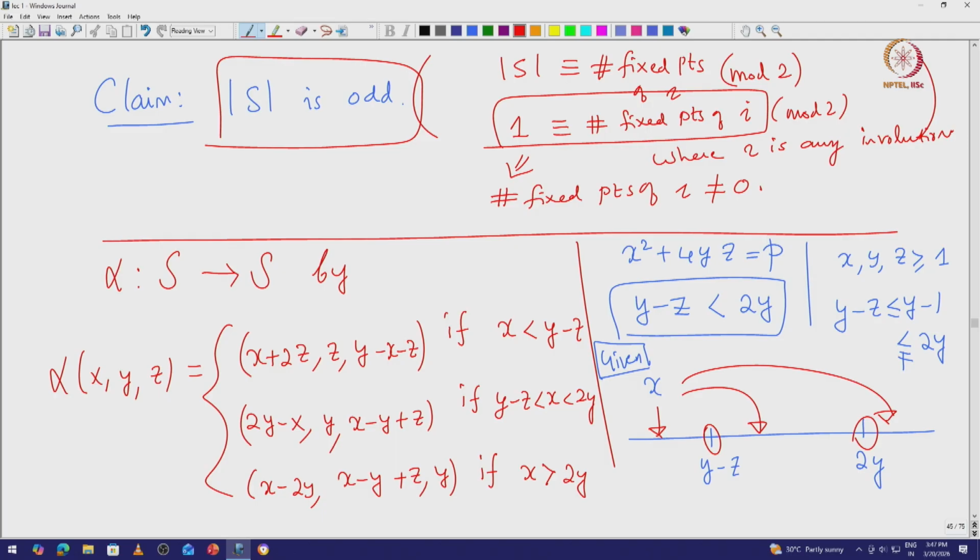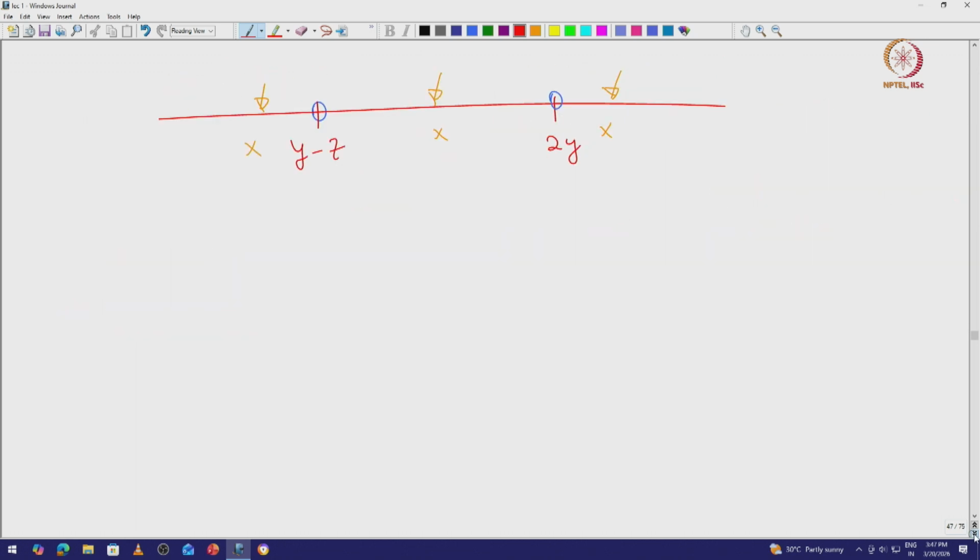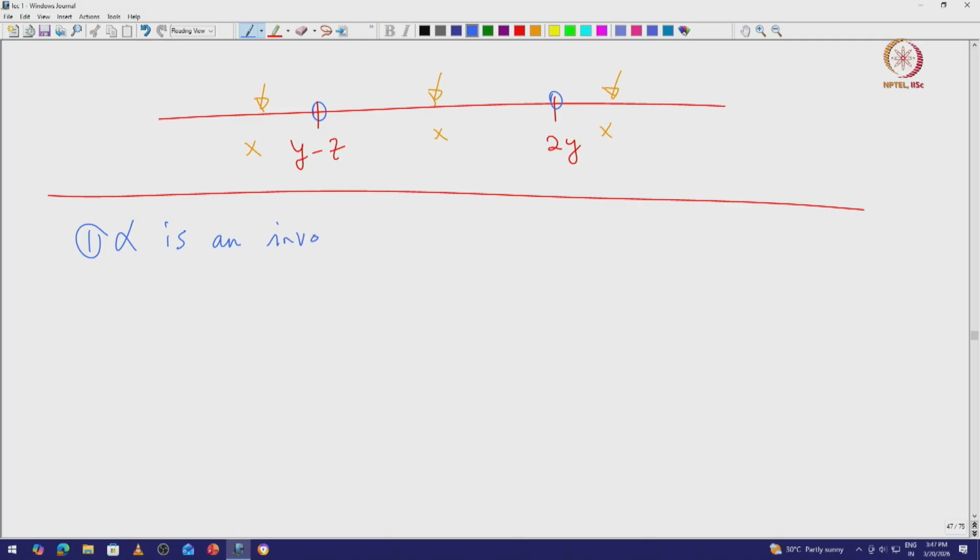So, our claim is that this alpha is an involution, okay, and that would indeed complete the proof, because we need to prove that alpha will have some fixed point. Okay. So, what are the things that we want to prove? Let me write it down. Alpha is an involution.